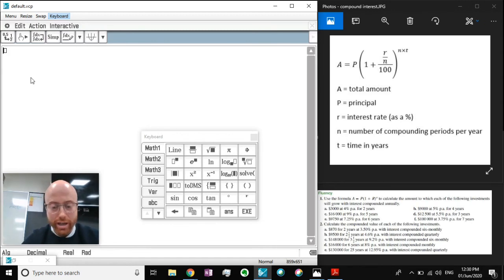P is 870. 1 plus fraction. Now our rate is 3.5.